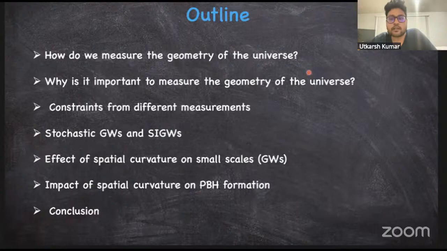Finally, we will discuss how we can include the effect of the spatial curvature in the scalar-induced gravitational waves settings. And finally, I will talk about how the spatial curvature impacts primordial black hole formation.